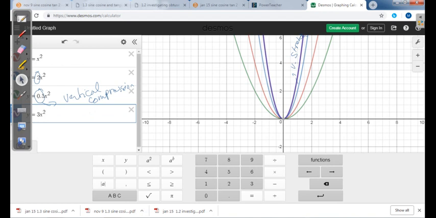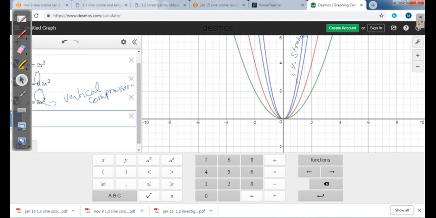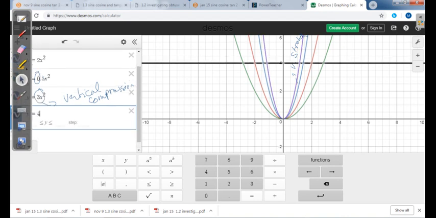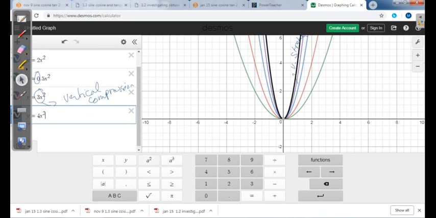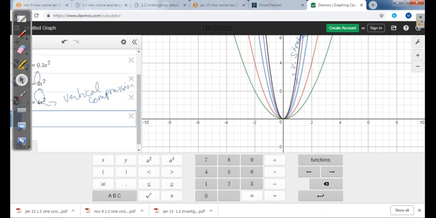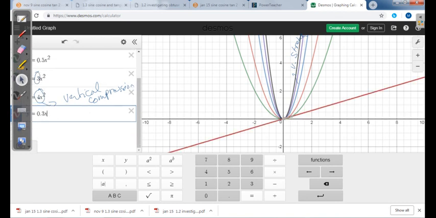Vertically stretched. If I have y equals 4x squared, vertically stretched. Now, let's use values that are less than 1. So y equals 0.3x squared. It's wider, right? So it's vertically compressed.